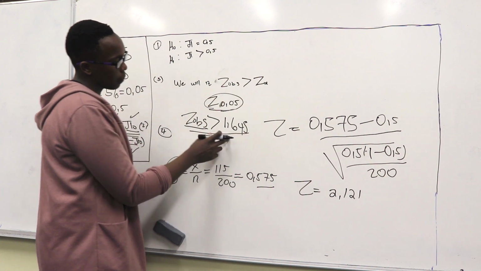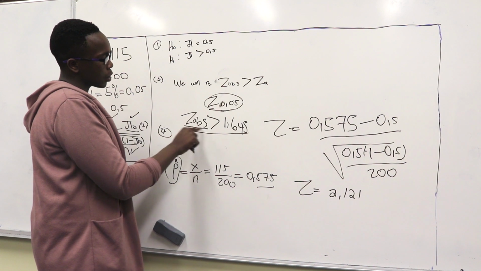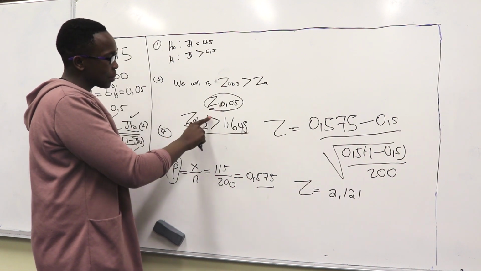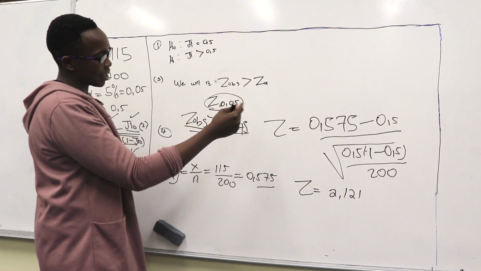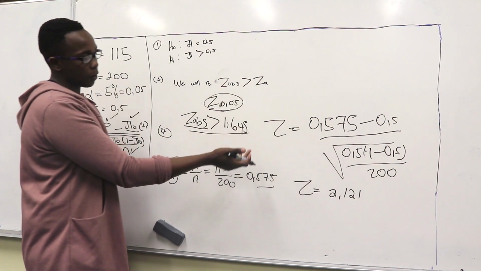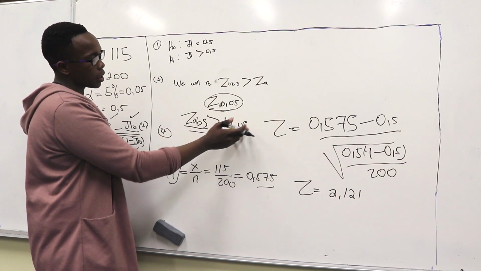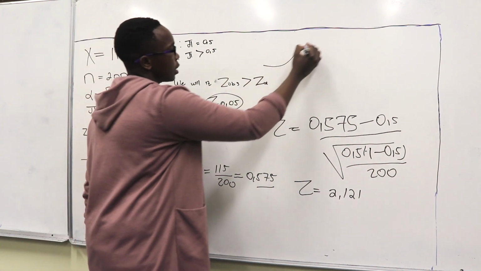So we come back to step 3. In step 3 we say that our Z observed is greater than 1.645. So it's actually greater than 1.645 because it's 2.121. So basically this is our distribution.